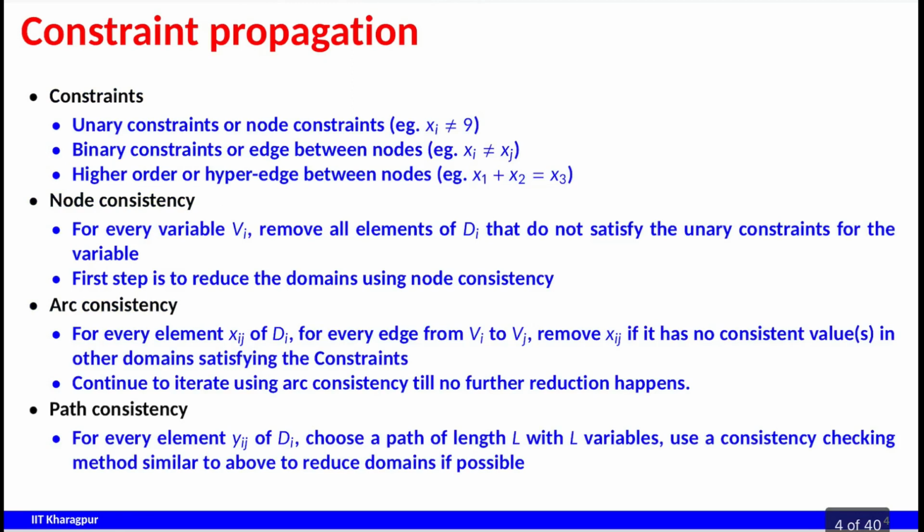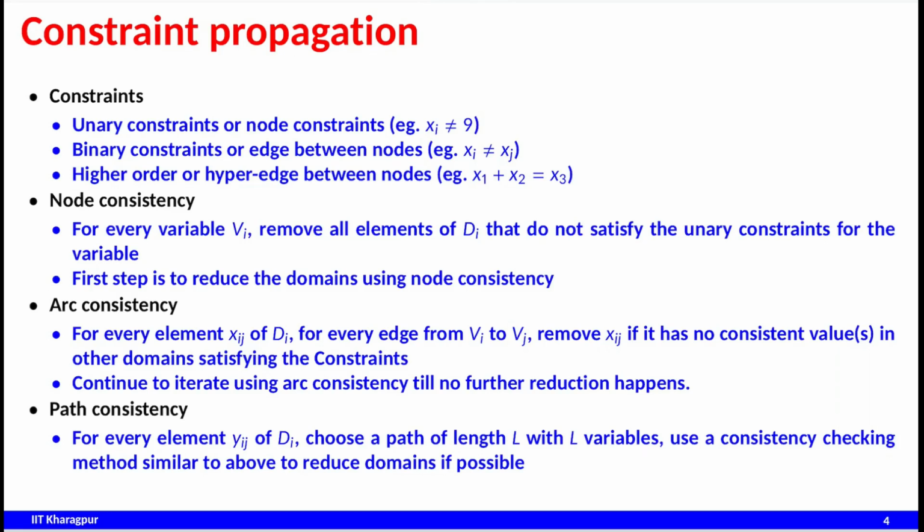Now the main step is constraint propagation. In constraint propagation, we have to eliminate some of the values from a given domain. That is the basic motivation.